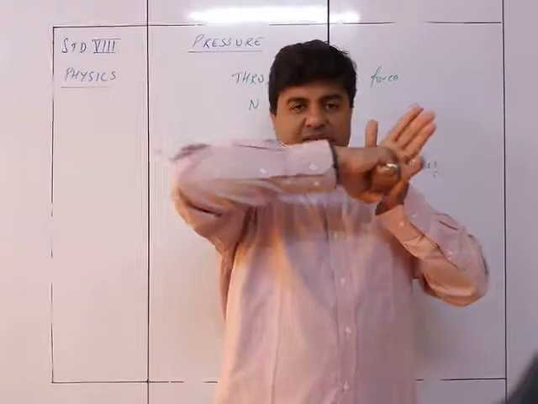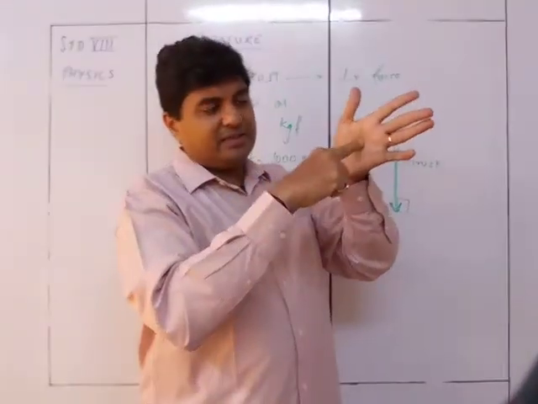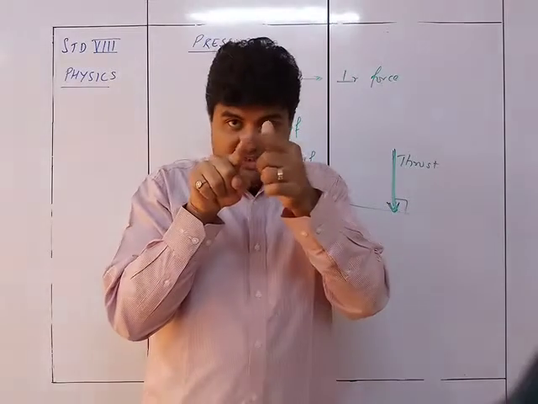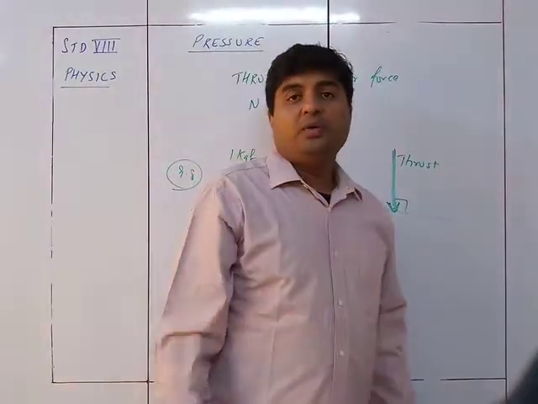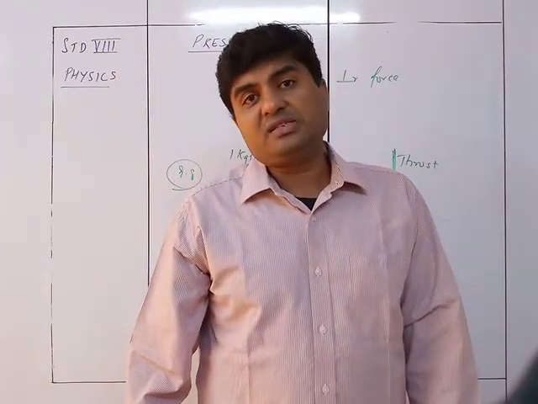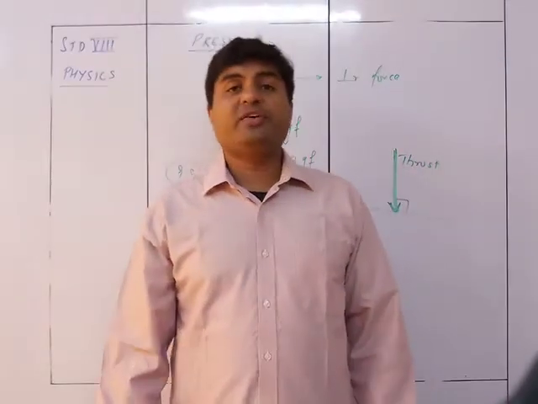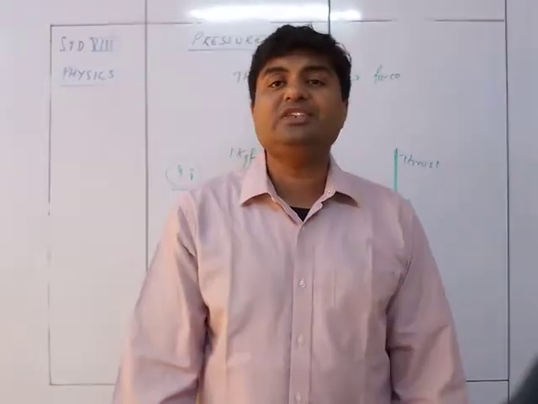When it is like this, it is distributed to only this much tip. So you can see that every time the area decreases, and accordingly the effect of the thrust on the surface will be different in each case.